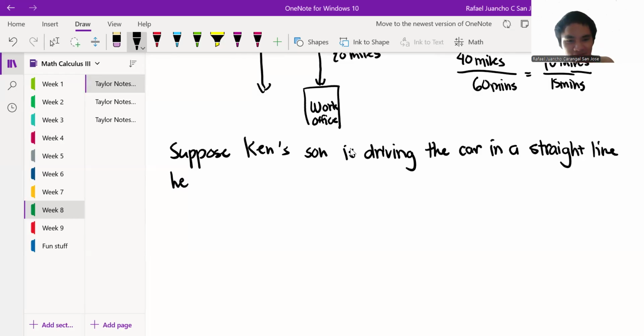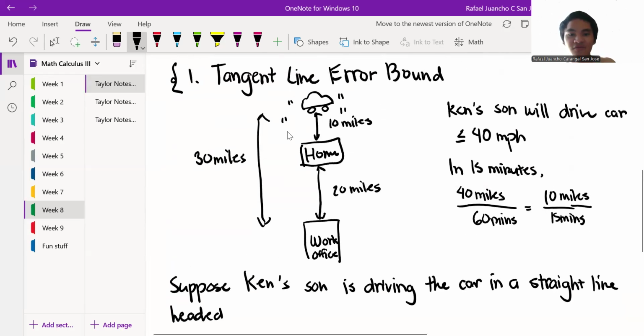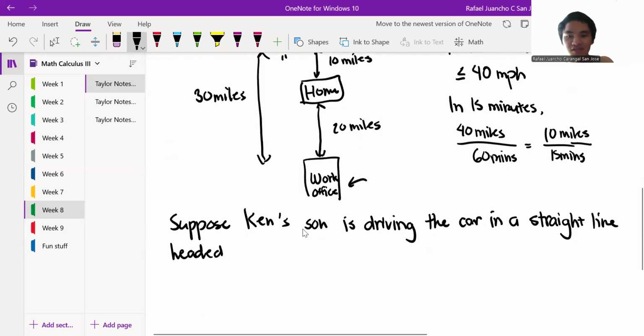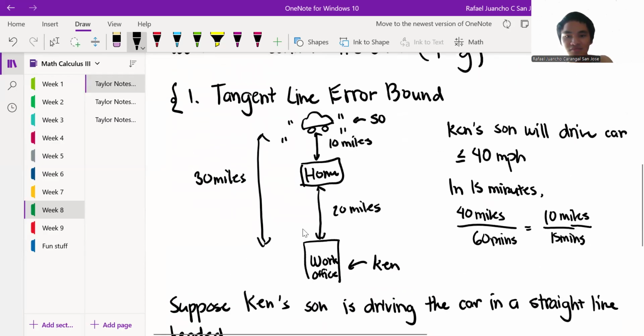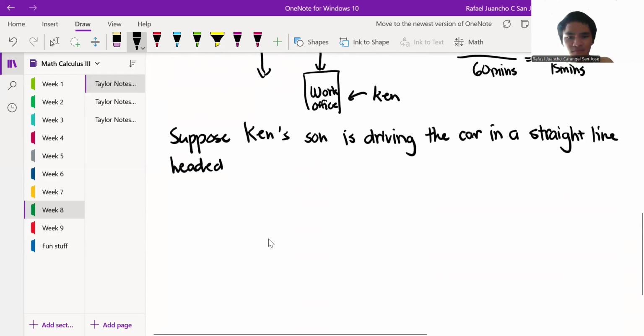Headed north. Yeah, so here he was headed north. So that's why it covered 30 miles from where Ken is. So this is where Ken is. This is where his son is. So it's headed north.